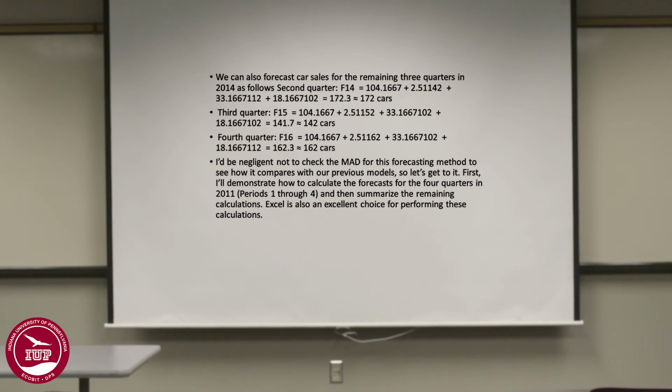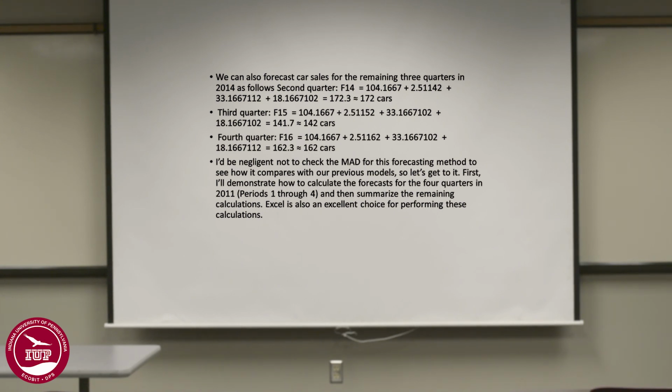We would be negligent not to check the MAD for this forecasting method to see how it compares with our previous model. So let us do it. First, we'll demonstrate how to calculate the forecast for the 4 quarters in 2011, period 1 to 4, and then summarize the remaining calculations.